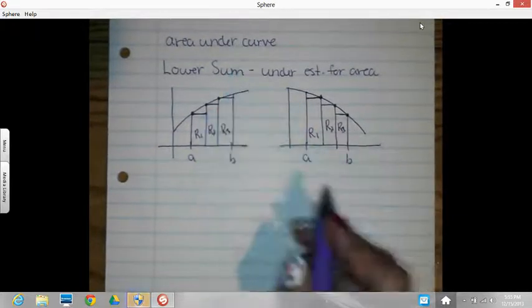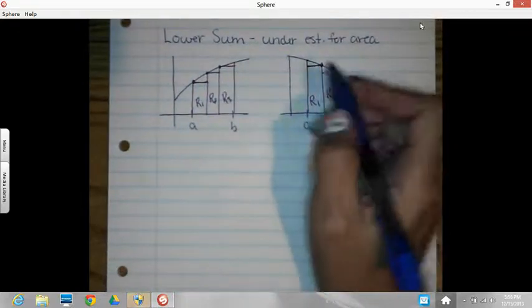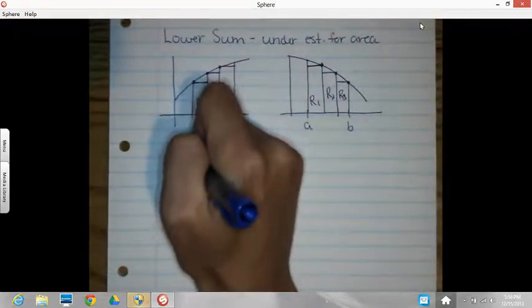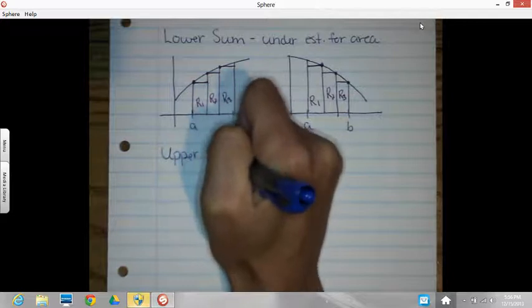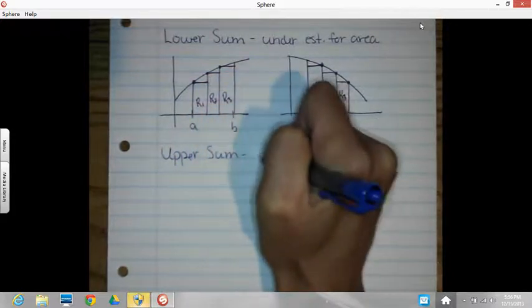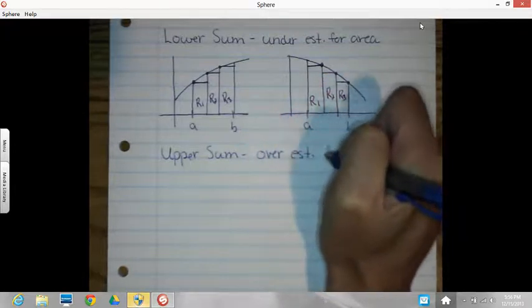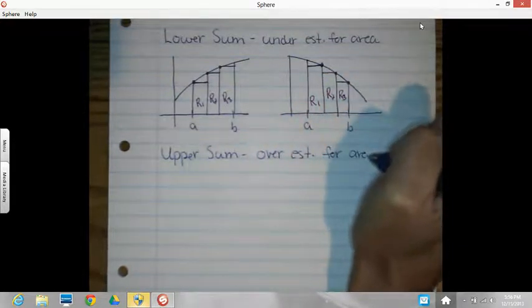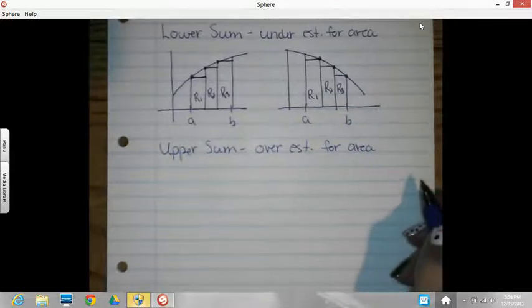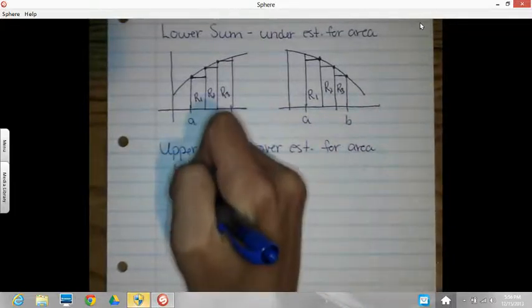Okay, we're also going to be doing upper sums. And I think you can guess an upper sum is an overestimate for the area. Because when we choose our rectangles, when we choose the height, each rectangle is going to be above the curve.